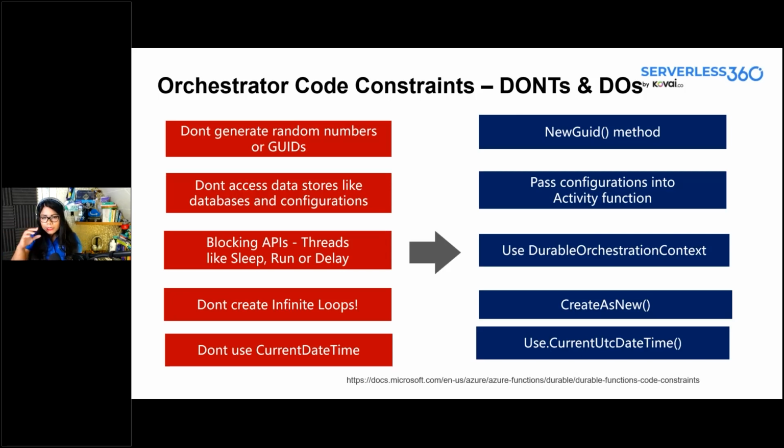The context has a lot of methods in it, so you should be able to use this one in handling your synchronization, or how you want your orchestration, if you want to delay or stop it or call a new instance, for example.